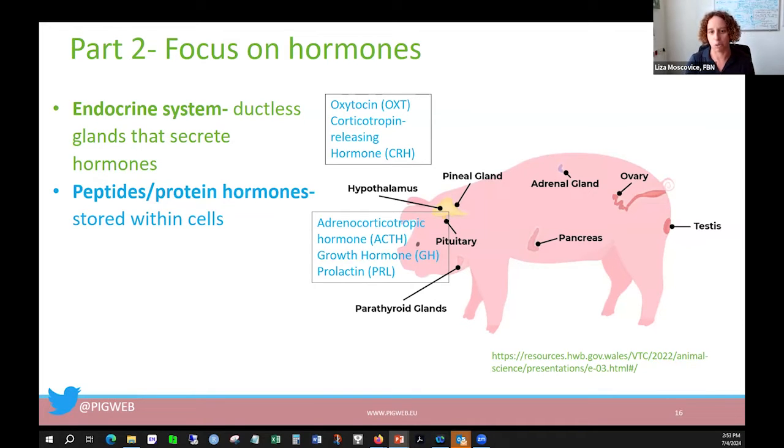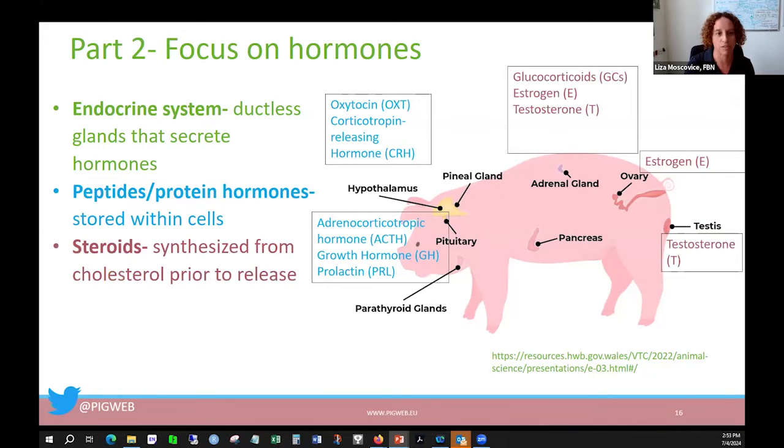These are really important in the hormonal cascade that leads to the release of the steroid hormone cortisol, the glucocorticoids. After they're released, these hormones can move into cells, and they can actually be stored in cells and then released later when needed. So that's one special property of that class of hormones.